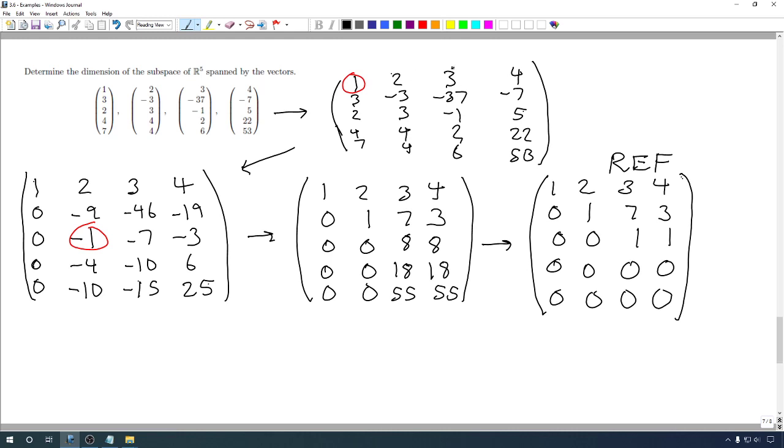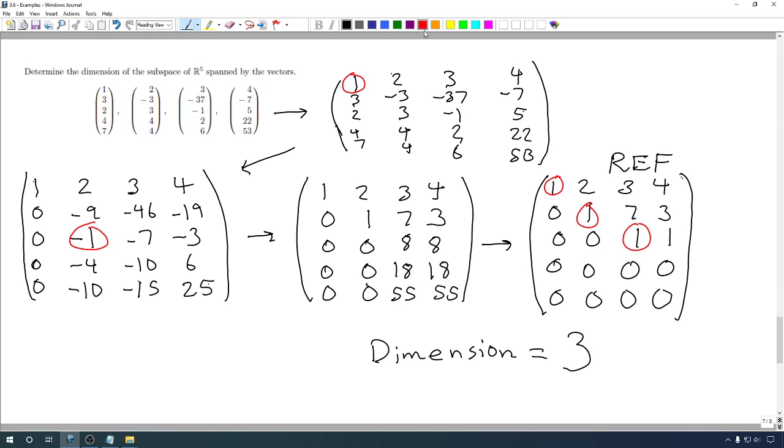So what are our leading 1s in this problem? We have a 1 here, a 1 here, and a 1 here. What does that tell us? That tells us that the dimension, instead of being the 4 that we originally might have thought of, is actually going to be 3.